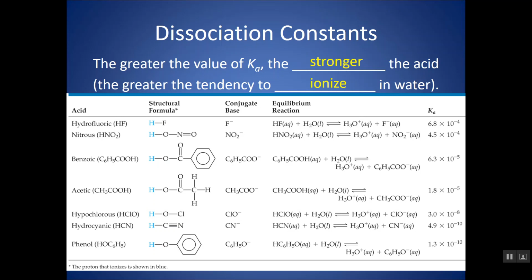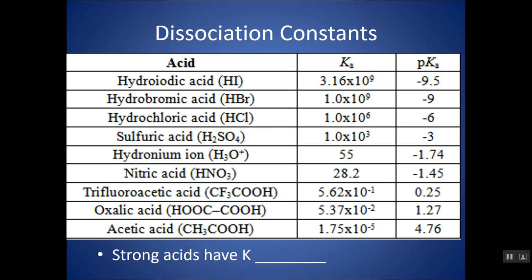Very similar judge of number of ions. Strong acids tend to have Ka values that are much greater than 1. So HI is a strong acid with a large Ka, HBr has a very large Ka, and your weak acids will typically have Ka values that are less than 1.